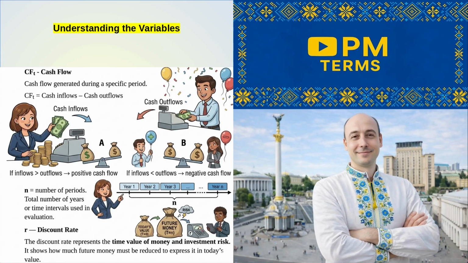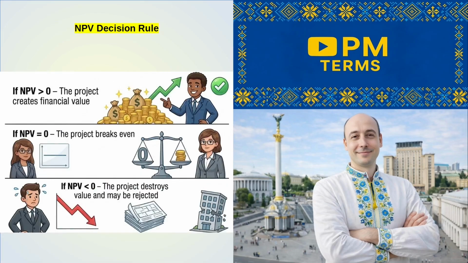N is the number of periods, the total number of years or time intervals used in the evaluation. R is the discount rate. The discount rate represents the time value of money and investment risk. It shows how much future money must be reduced to express it in today's value.